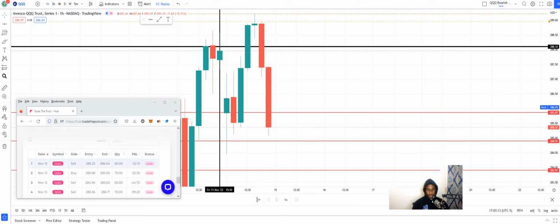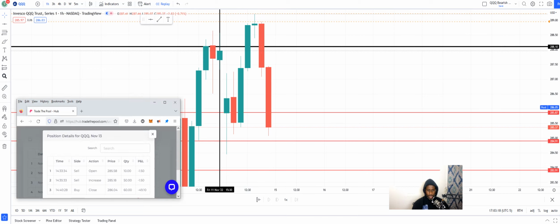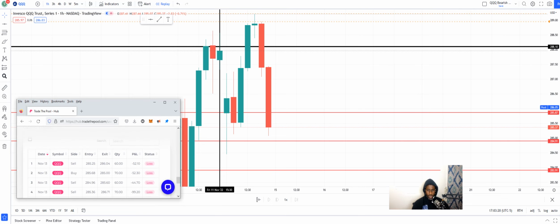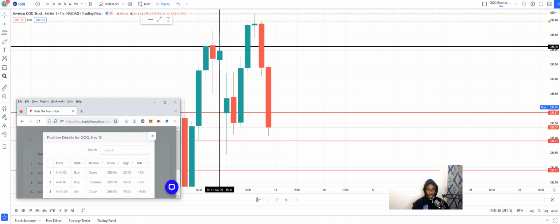That was the first trade, and this is the second trade now. This is when I flipped to the buy side, so I had a buy side bias, at 9:41. I flipped and went to the other side, possibly seeing this big engulfing candle.